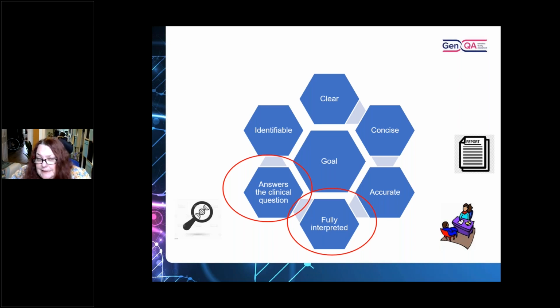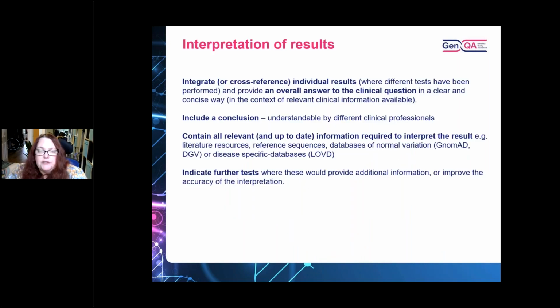The final part of this is about answering the clinical question and fully interpreting the report. So next slide. What you really want to do is interrogate the results you find to provide an overall answer to the clinical question in a clear and concise way. Now, you could argue that a concise way of saying the results is, well, we interrogated to find out if there was a clinically actionable variant, we found this variant. However, you really need to include a conclusion which is understandable by the different clinical professionals.